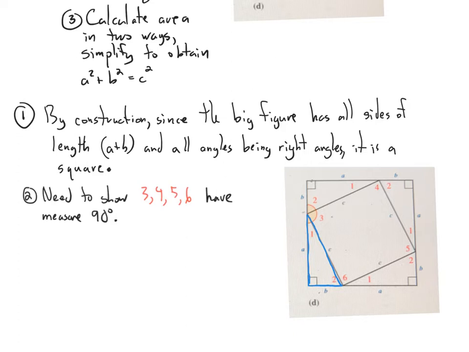Now, remember that this is a right angle triangle. It's a right angle, so one angle is 90 degrees, and it's a triangle. So the sum of the angles has to be 180 degrees.